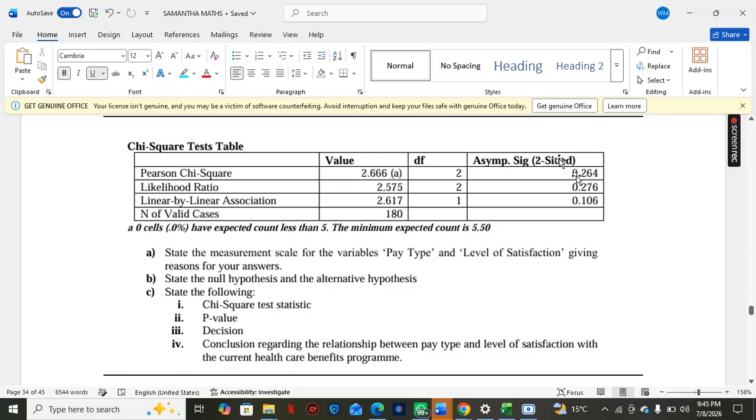Sig. two-sided, where there's this chi-square value? This is your p-value, colleagues. On this type of tests, you never see it labeled as p-value. You're supposed to know yourself as a statistician.